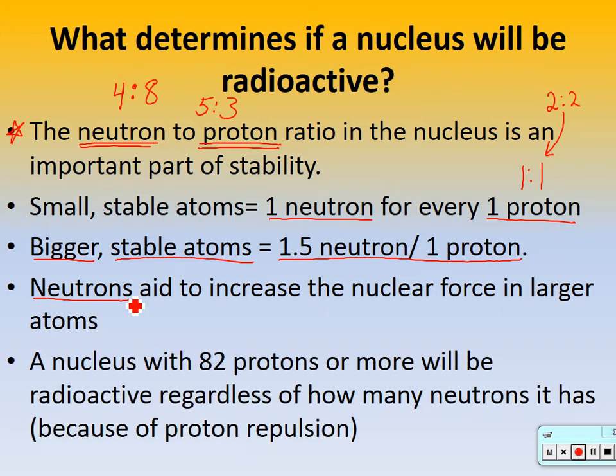In this final bullet on this page, it says the nucleus with 82 protons or more will be radioactive regardless of how many neutrons it has because of proton repulsion.